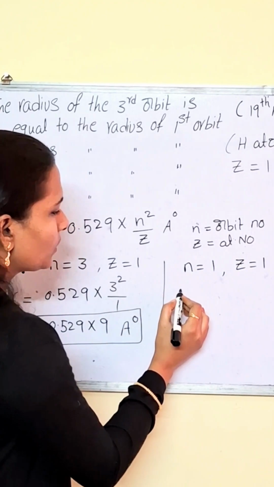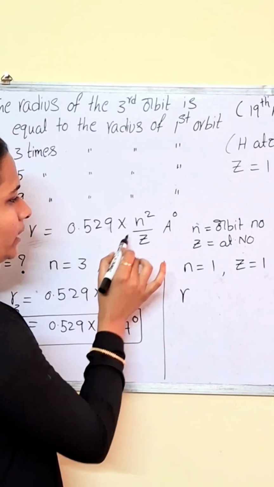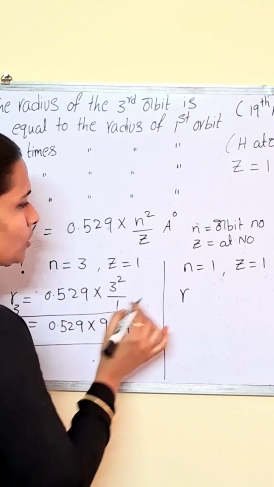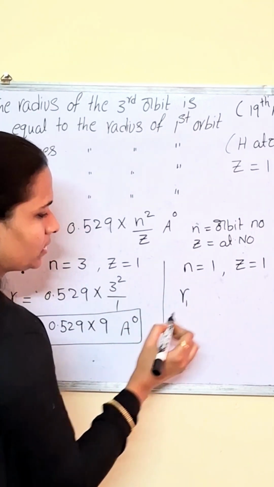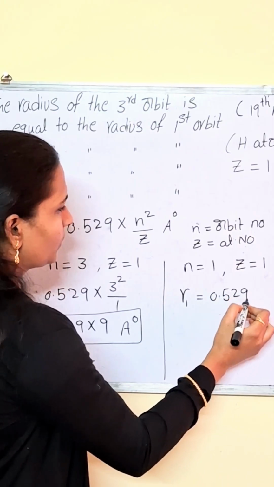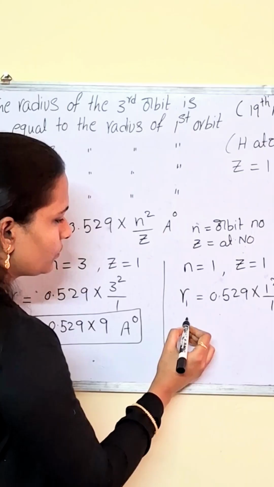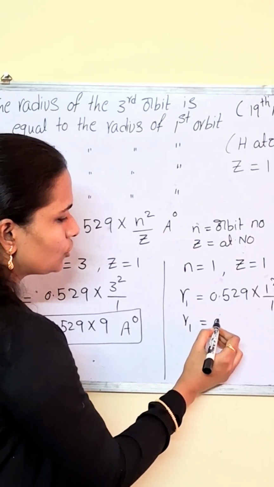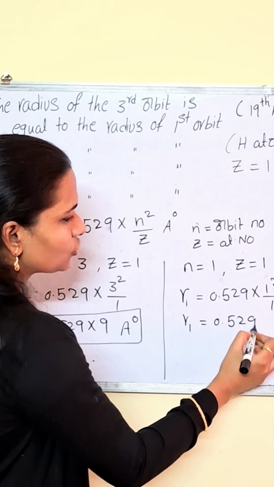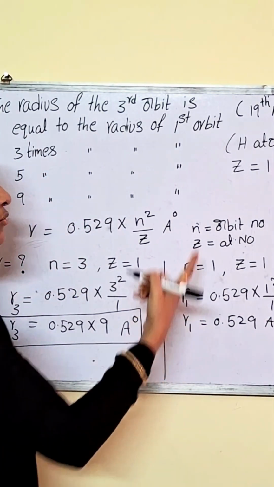Now substitute in the radius formula: 0.529 into n square by z angstroms. This is the first orbit, so r1 equal to 0.529 into 1 square by z, which is also 1. So r1 equal to 0.529 angstroms, the radius of the first orbit of the hydrogen atom.